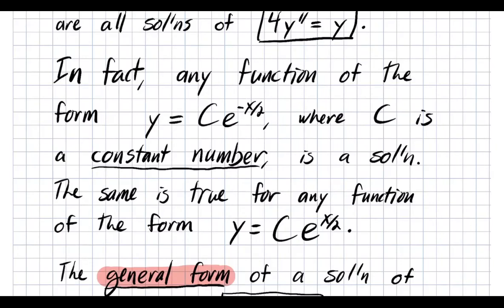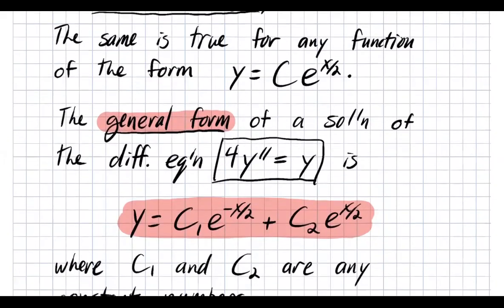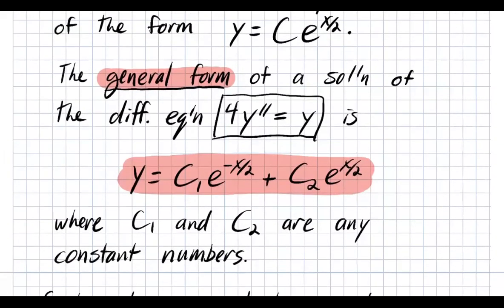We can also multiply that by any constant number, and that will also be a solution. So now we have a lot of possible solutions, and moreover, we can take any of those two general forms of solutions, add them together, and this also will be a solution of the differential equation.